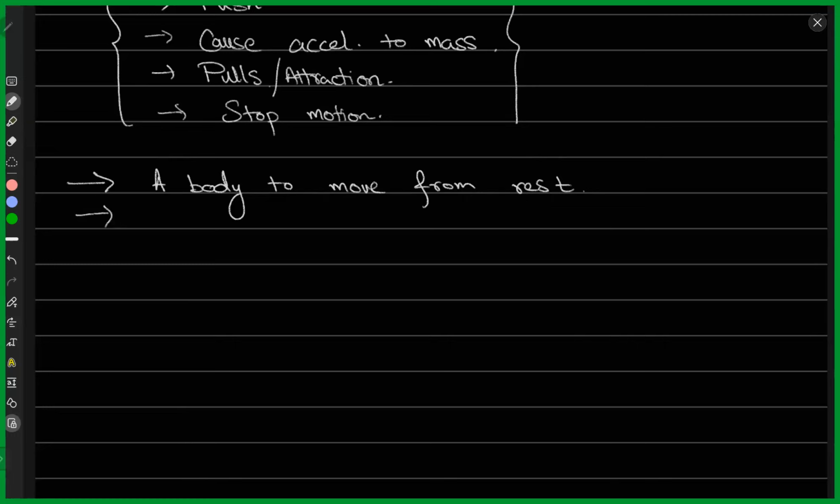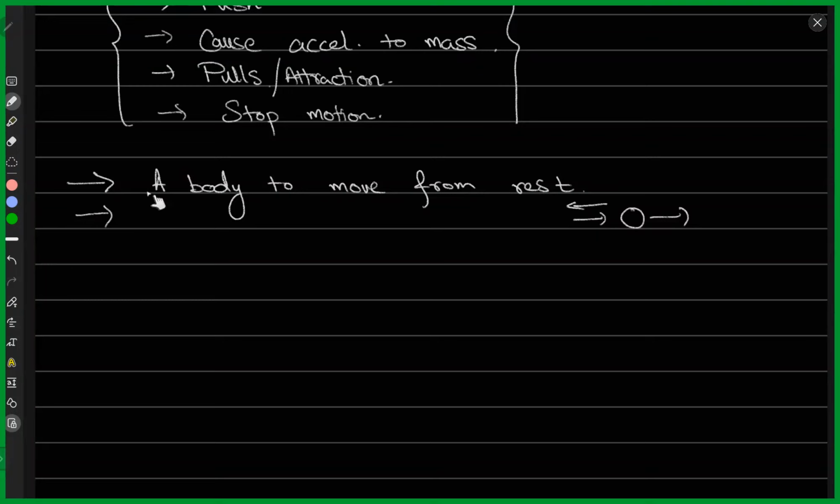Then we have that, for example, a body is already moving. So what will a force do to that body? It can either increase the speed of that body or decrease the speed of that body, right? Suppose something is moving to the right and I push it, so I'll increase the speed. But if it's moving to the right and I pull it back towards me, then I'll decrease the speed of this body.